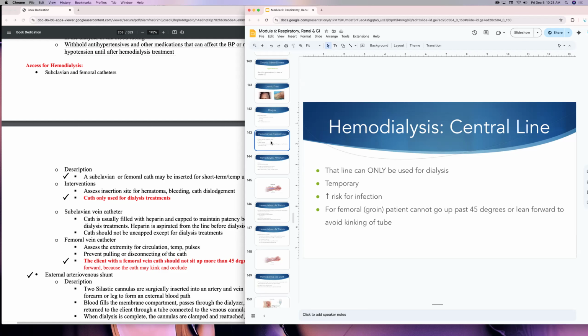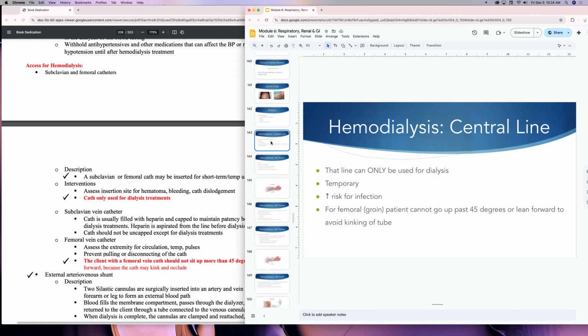So a central line used for hemodialysis is just used temporarily until a more permanent solution can be placed, like an AV fistula or AV graft. And then even once you have the AV fistula or graft in place, an AV fistula needs 3 months to mature, right?